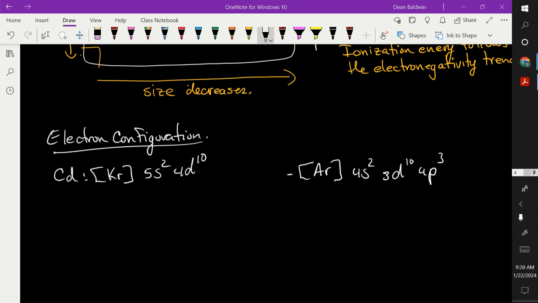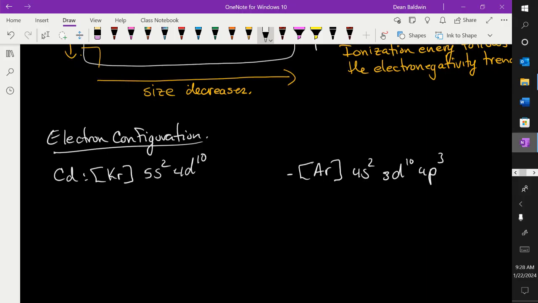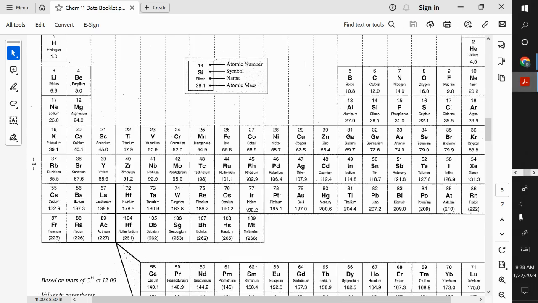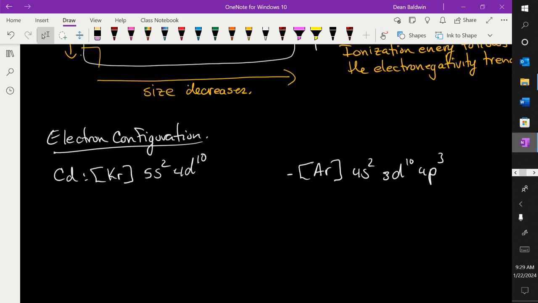So 4s2 3d10 4p3, and we're starting with argon. So go to argon. Argon is here. We go to the next row. 4s2 3d10, so we fill up all our d orbitals, and then it's 4p3: 1, 2, 3. Arsenic.